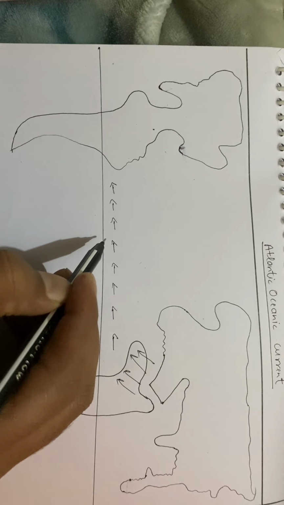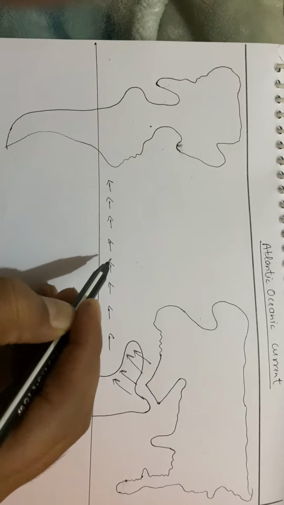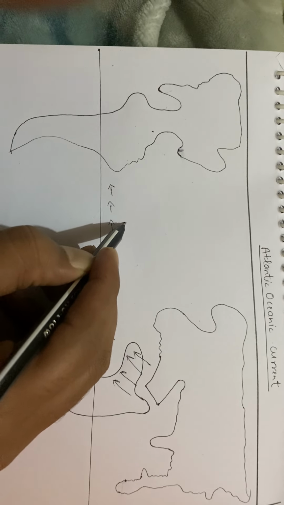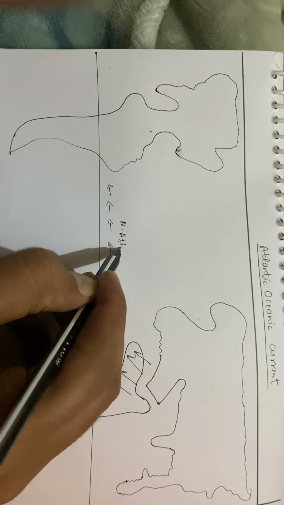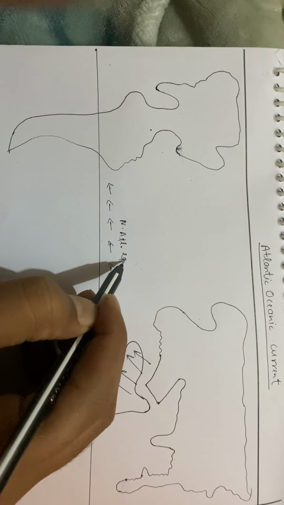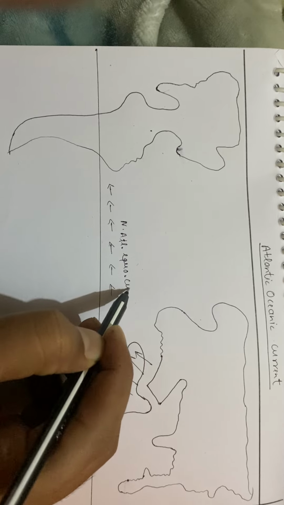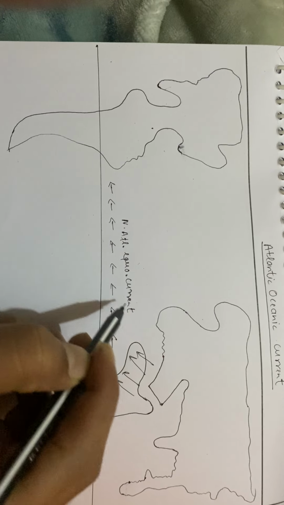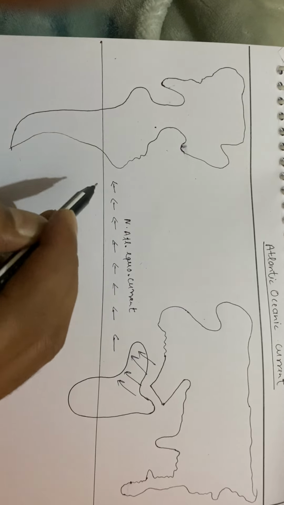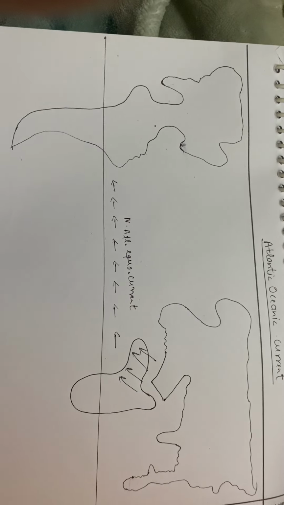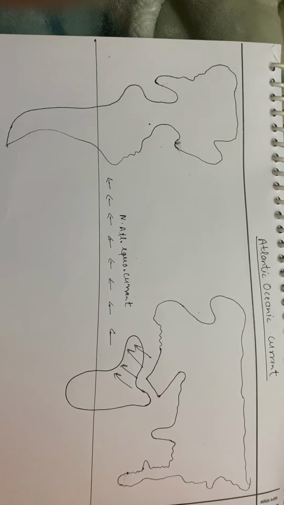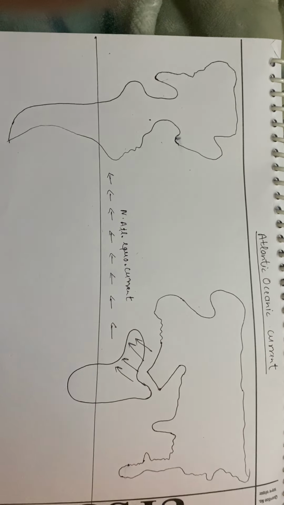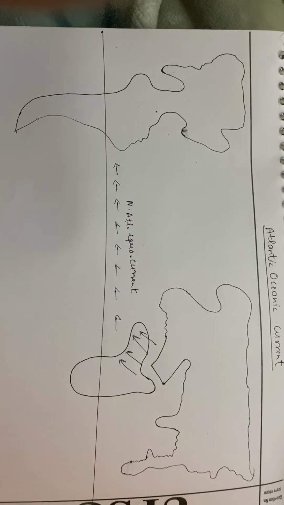So this is the equator line. So this is called the North Atlantic equatorial current. This is the North Atlantic equatorial current. And in your previous chapters, you have studied Coriolis force, Ferrel's law, and all those things.